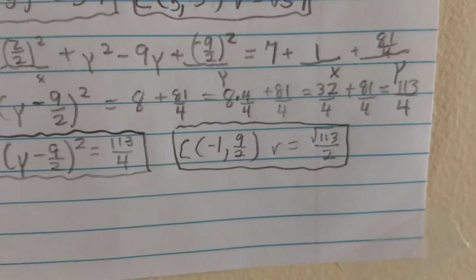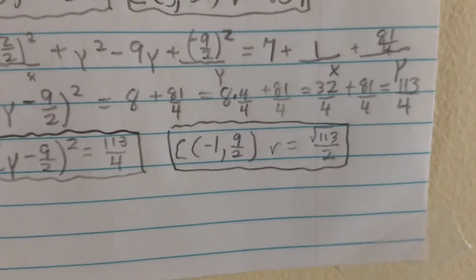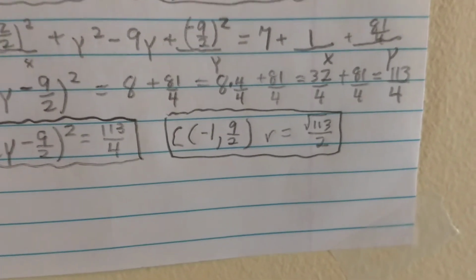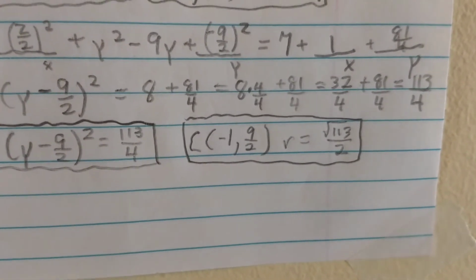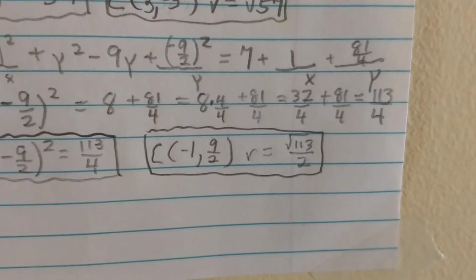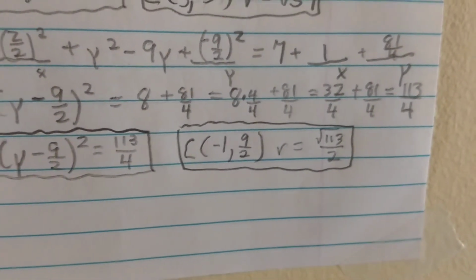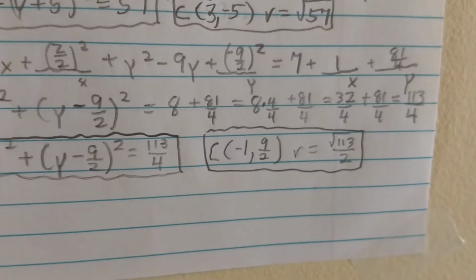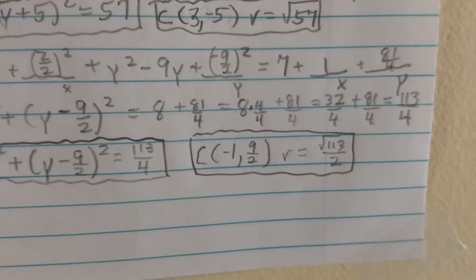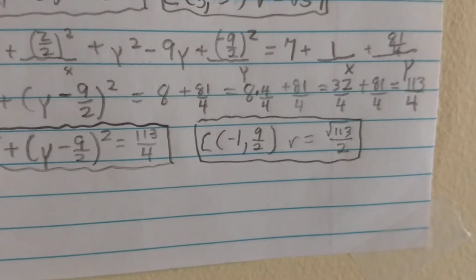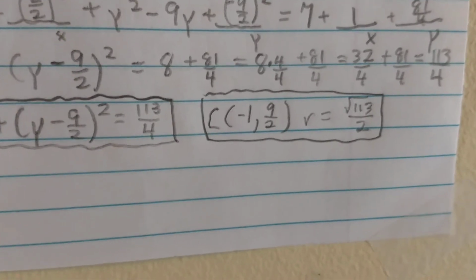So the right side now becomes our problem, which is the original 7 plus the 1 from completing the x square, and 81 over 4 from completing the y square. Now the way we do this is just 7 plus 1 is 8, plus 81 over 4. So we're going to see how many fourths there are in 8 to get a common denominator.